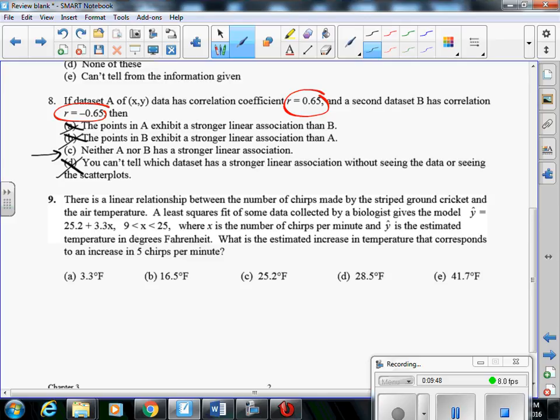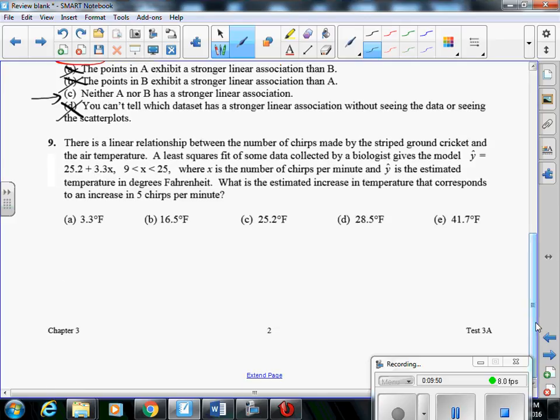Okay, number 9. There is a linear relationship between the number of chirps made by a striped ground cricket and air temperature. The least squares fit of some data collected by a biologist gives the model y hat equals, and so on, for x between 9 and 25. Remember, x is the chirps per minute, and y hat is the estimated temperature in degrees.